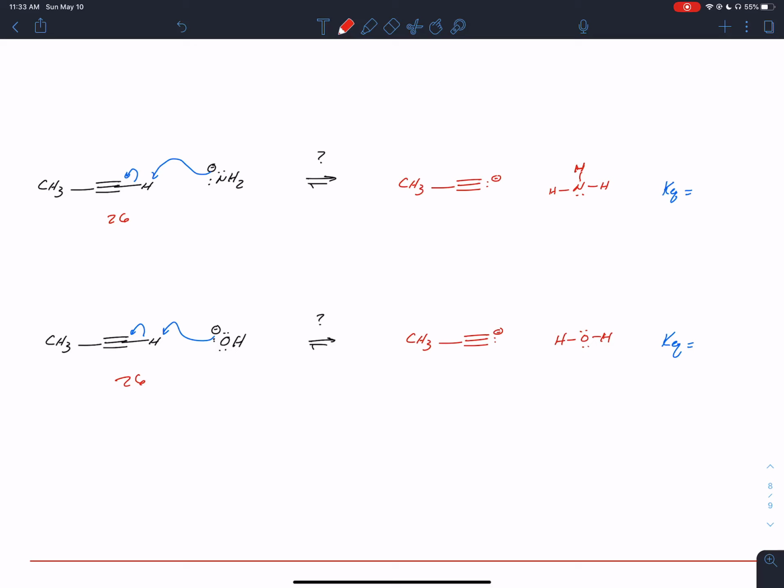We're going to go with pKa 26. So the pKa of the reactant side acid is 26. The approximate pKa of ammonia, NH3, is going to be 36, and the approximate pKa of water is around 16. Now, resources will say it's 15.7. I'm going to round up to 16 for the sake of this calculation.